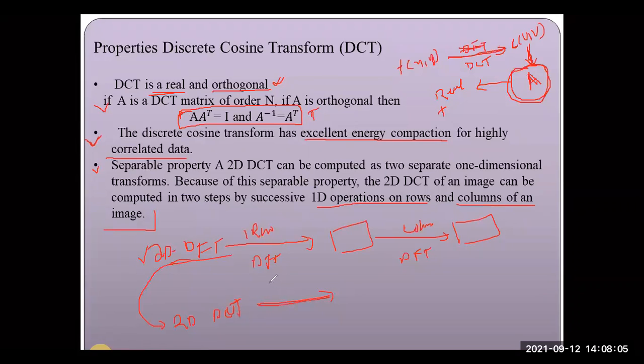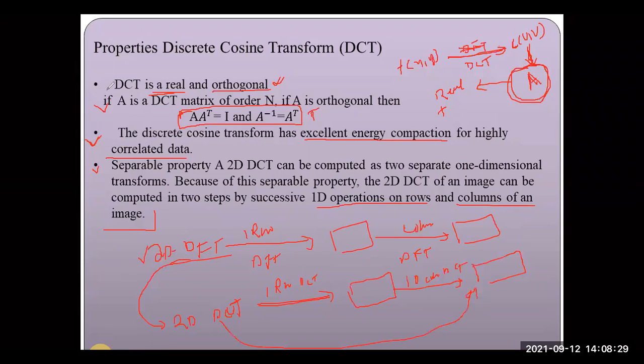That means we first perform one-dimensional row DCT, then on the result we perform one-dimensional column-wise DCT.